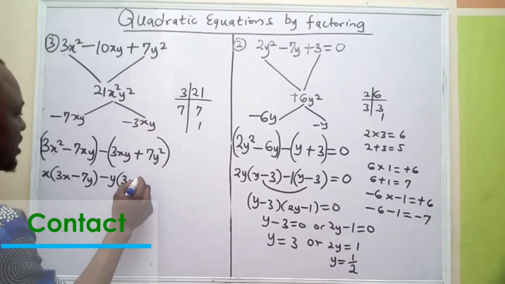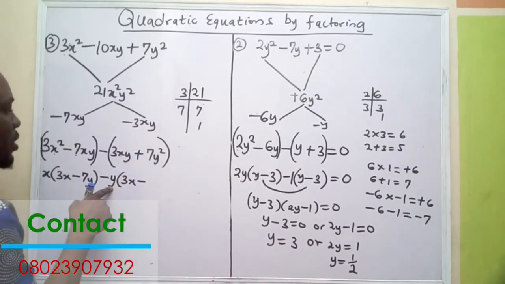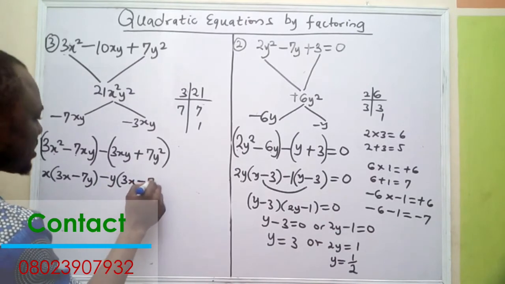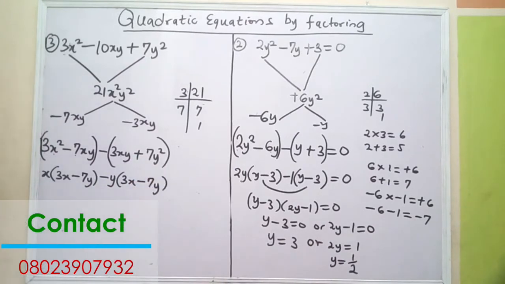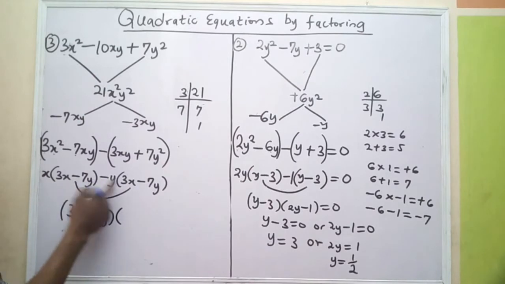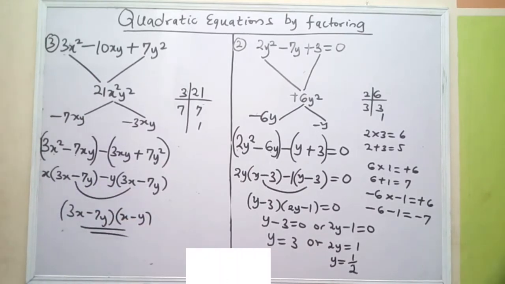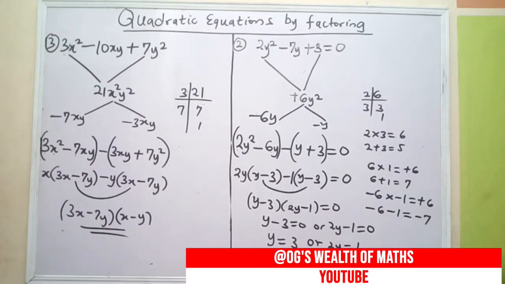Now minus plus is minus, so 7y squared divided by y will give me 7y. Now the next thing, this and this has to correspond, so I'll pick one of them: 3x minus 7y, bracket x minus y. So that's the solution to that problem.